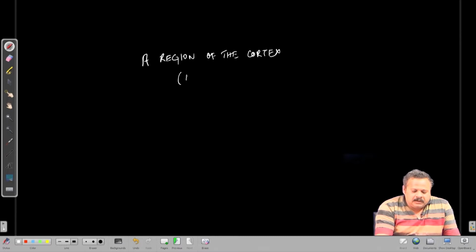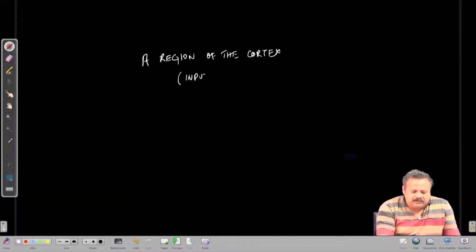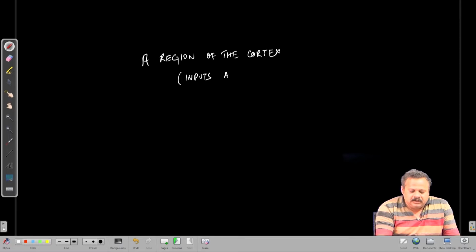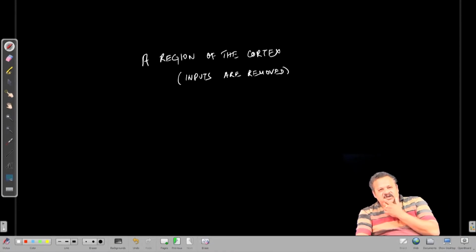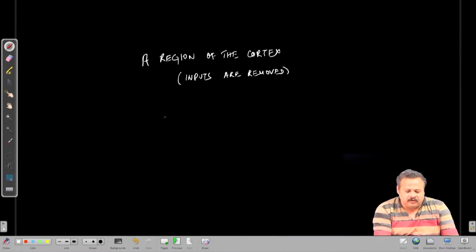I mean, the inputs to that region are removed due to, let us say, a surgery or some kind of lesion, so that the axons projecting to that region of the cortex are gone.